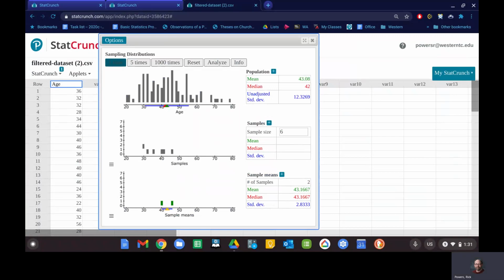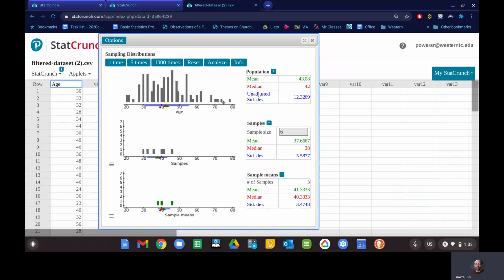I can do the 6, but then when I get my results, there's going to be more variation in there because I'm only picking 6. And so it's possible that my results will be substantially off. So that means I will need a wider confidence interval.